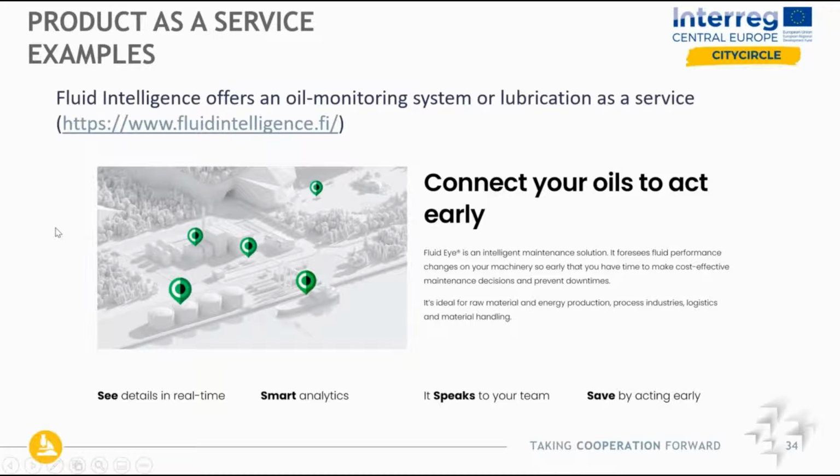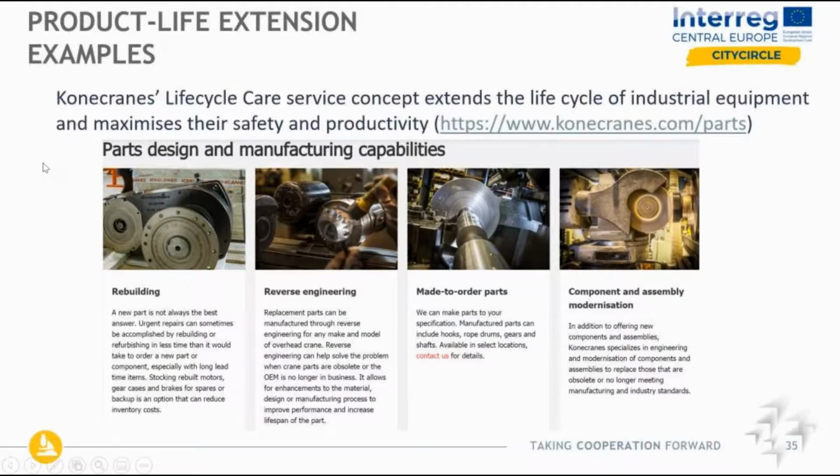So typical industrial services. It's not only in the B2C, it's also in the B2B area. Another company, Cone Cranes, takes care of developing parts for industrial processes and rebuilding the parts, or by reverse engineering technologies, they can repair some of the parts and so on, or make them to order to very specific needs.